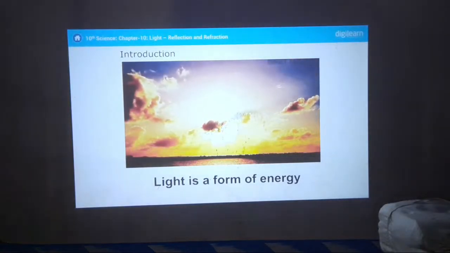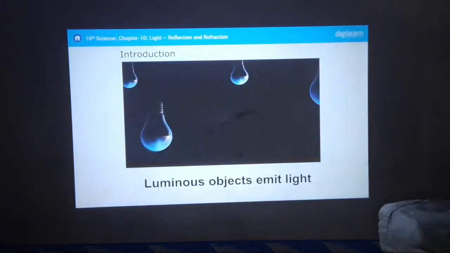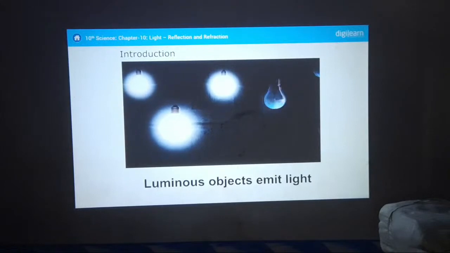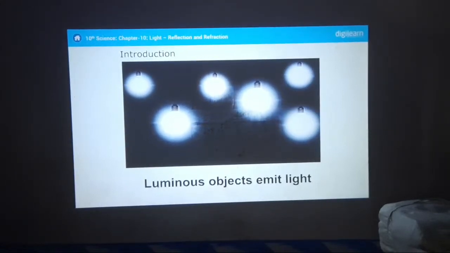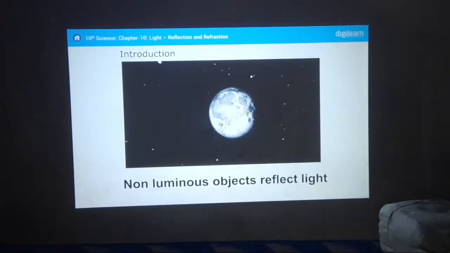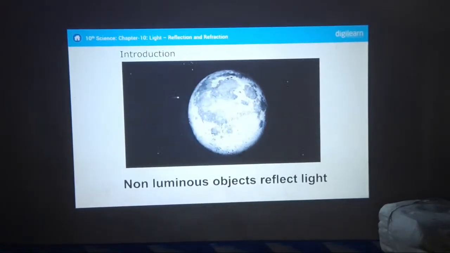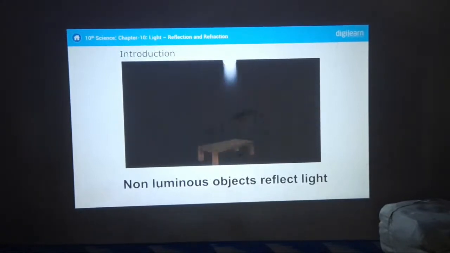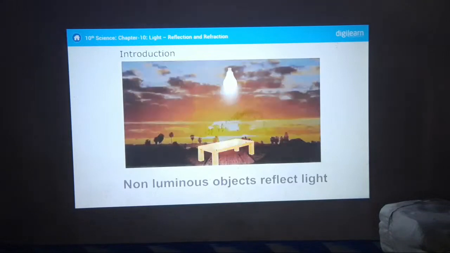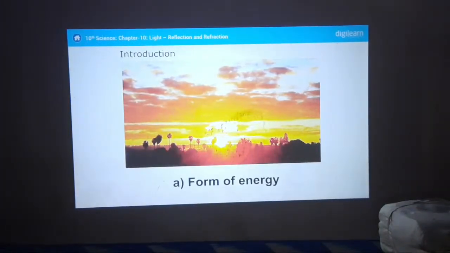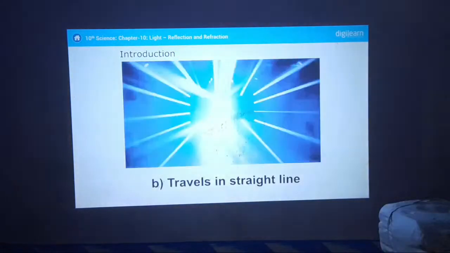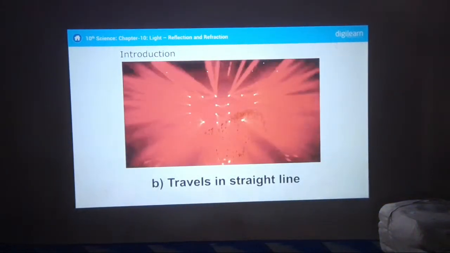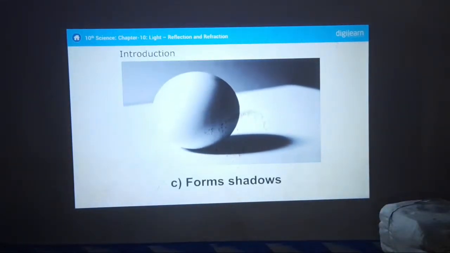As we can see many... It travels in a straight line. See, it forms shadows.